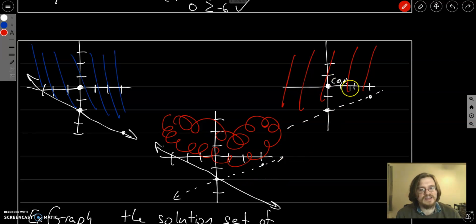So we don't include that. The areas that we want, the areas that will overlap, are above both of them. So we want the area that's above the dotted line and above the solid line, and where they overlap is right here. So we're just looking to see where these guys overlap.